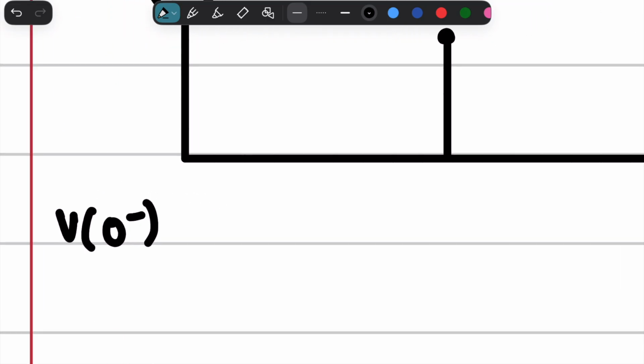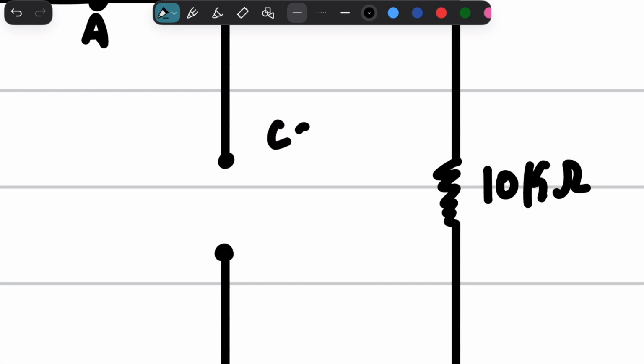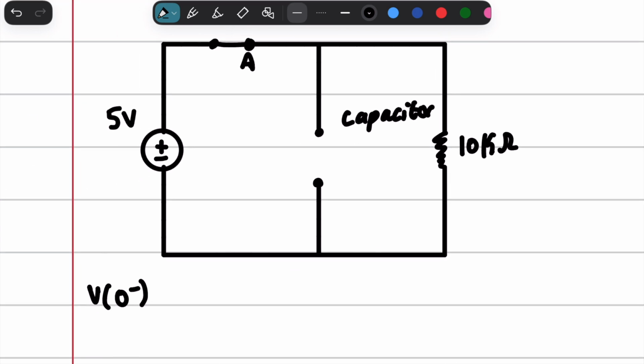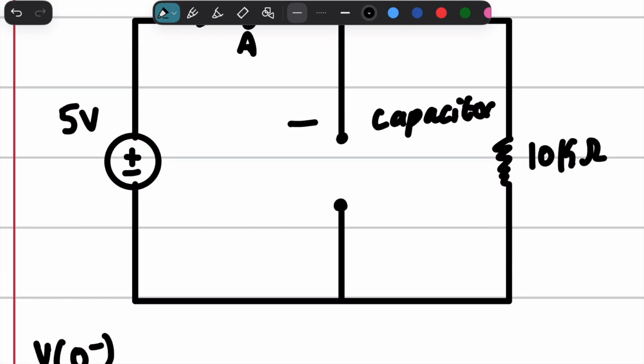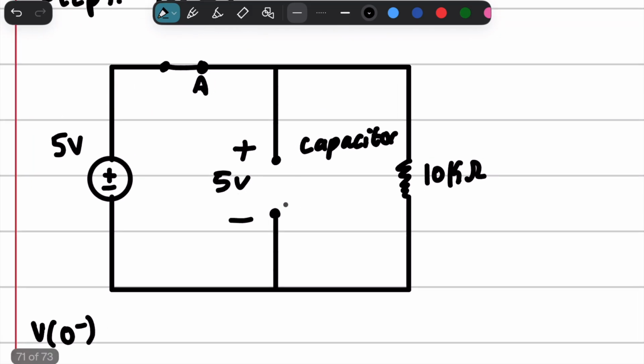So what is it doing? What is this capacitor doing? Well, it just has a voltage difference across it of 5 volts, because it's completely open, and we have 5 volts here, but we have ground down here.